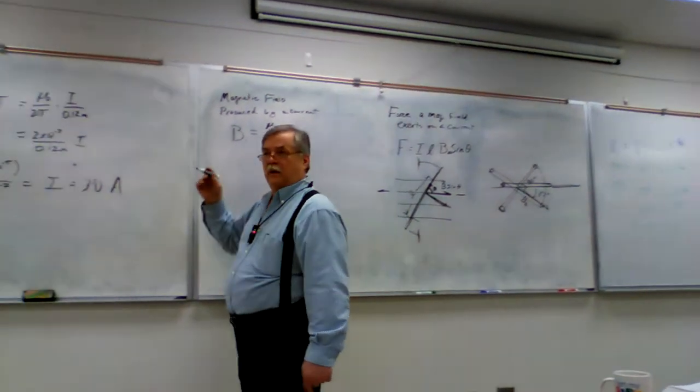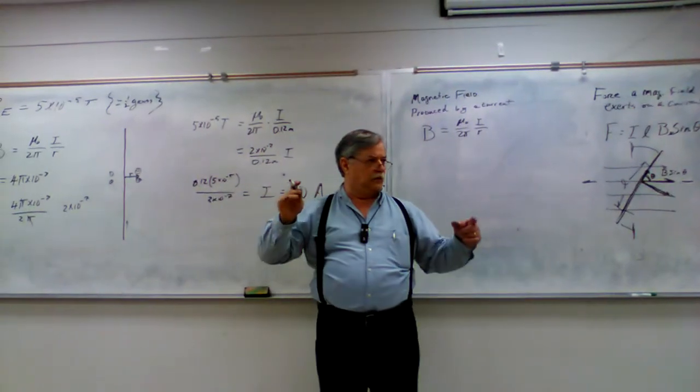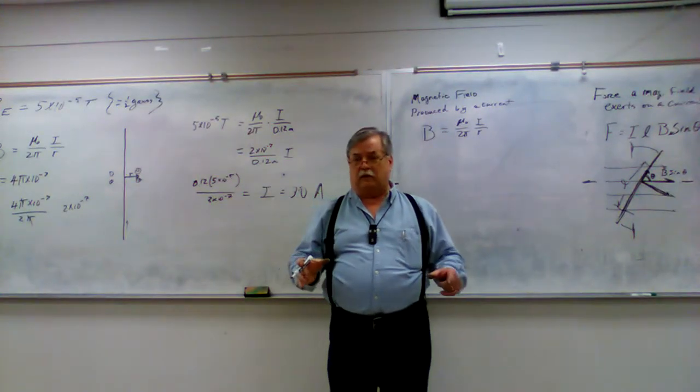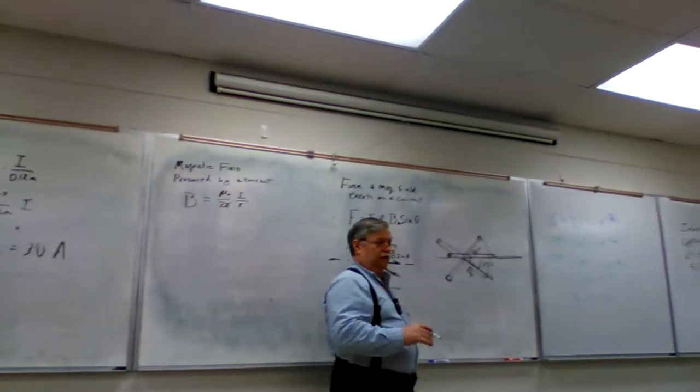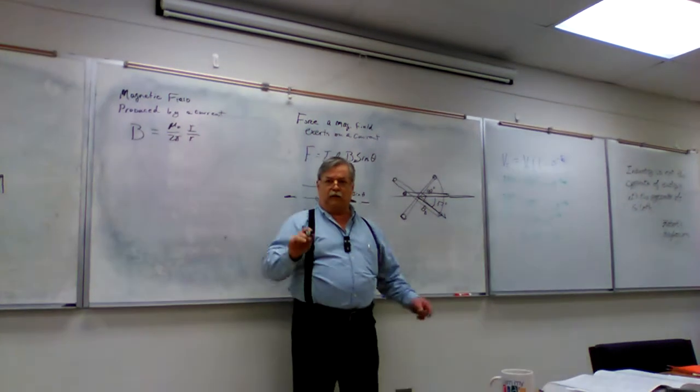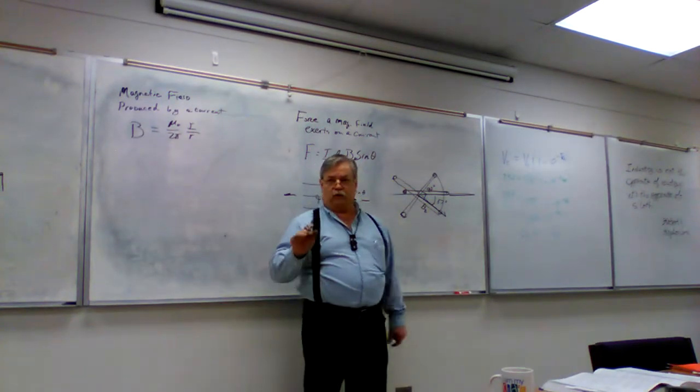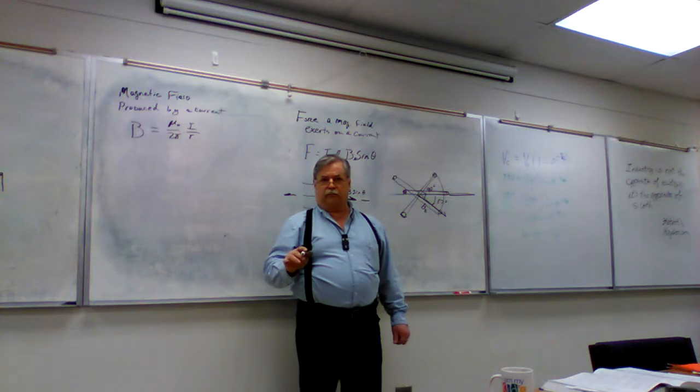So the point is, make certain that you're using the right angle between the field and the plane of the wire or the plane of the coil or whatever you're working with. Okay?